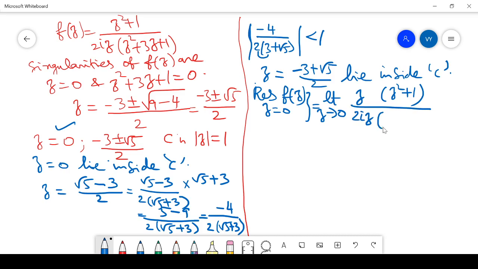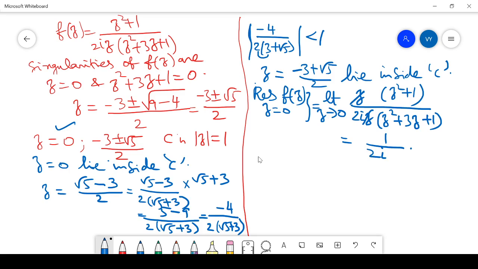So I have to multiply this with z, with f of z. So I will have z squared plus 3z plus 1. This z gets cancelled here, and I get the value as 1 by 2i. So the residue of f of z at z equal to 0 is 1 by 2i.